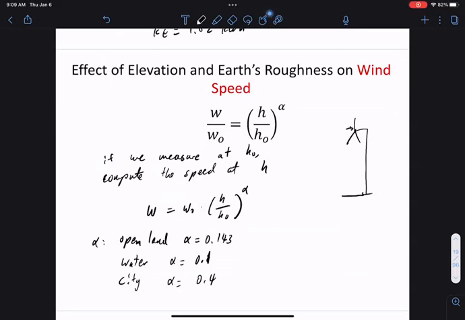This is just an empirical formula. If you ever do a homework question on this, we will tell you what alpha is, so you don't need to remember any of these values. Just keep in mind that in practice, we're not going to measure at every elevation. We measure at some elevations, then use equations like these to figure out wind speed at all kinds of different elevations.